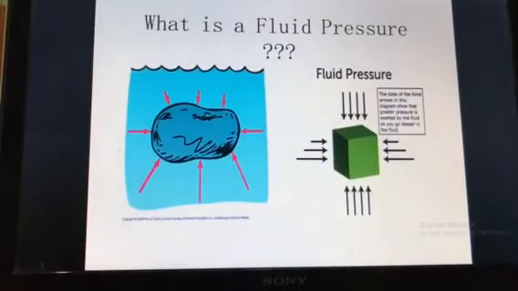Now we will start our second chapter in the first unit. This is about pressure statics. So what do we mean by pressure? Actually, forces are applied by fluids at rest or in rigid body motion.